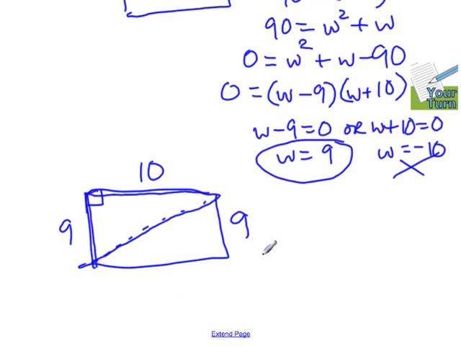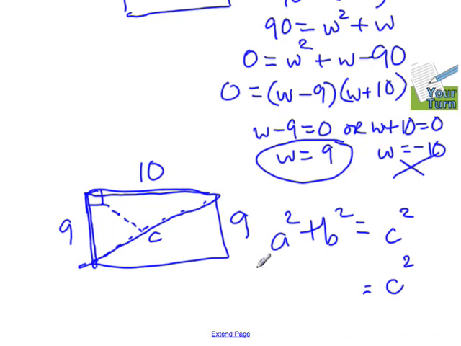So now I could use Pythagoras to solve that. a squared plus b squared is equal to c squared. The diagonal is my hypotenuse because it's opposite that right angle. So this is my c, and I don't know what that is.